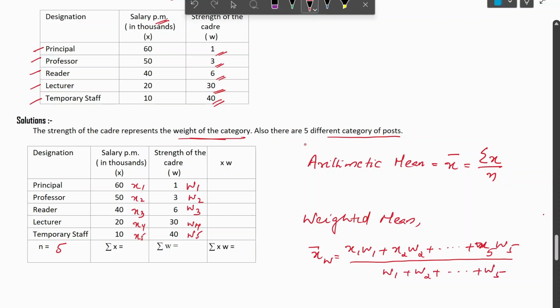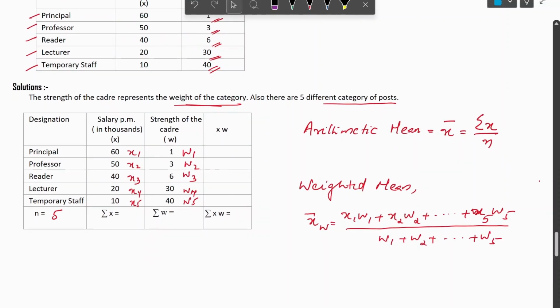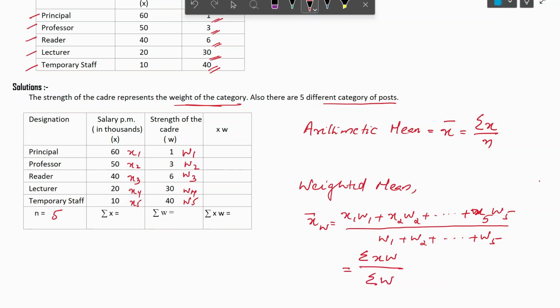The same formula you can write in another format also. The numerator is nothing but sigma XW: multiplying X and W and adding all the values, divided by sigma W, that is W1 plus W2 plus etc. W5. In this question, I just show you how to write the formula in a different format.